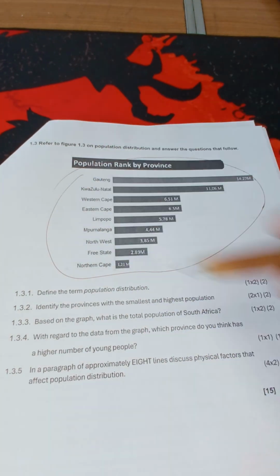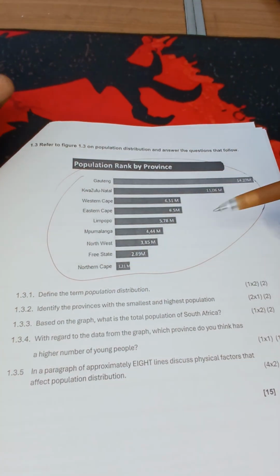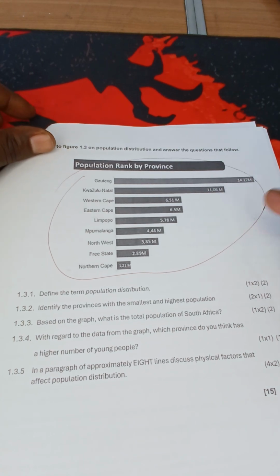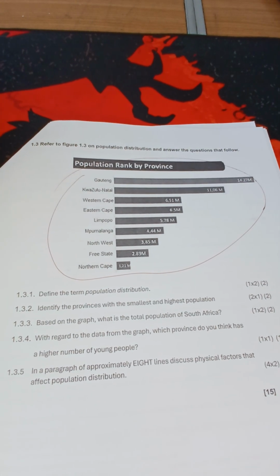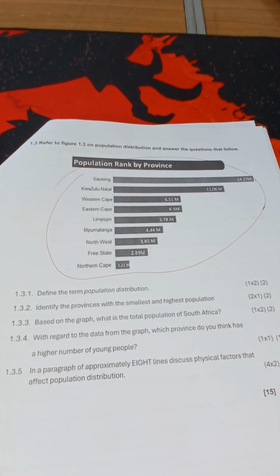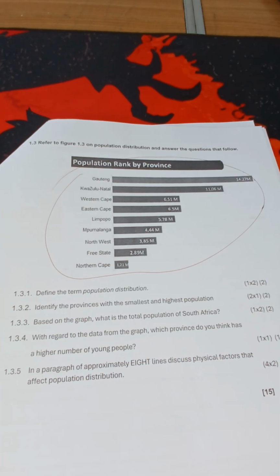What is important, guys, is you read to understand, you analyze this diagram, look at the numbers as well, and the reasons behind some of the provinces having more people as compared to other provinces. Okay, let's move on so that we do not waste time.